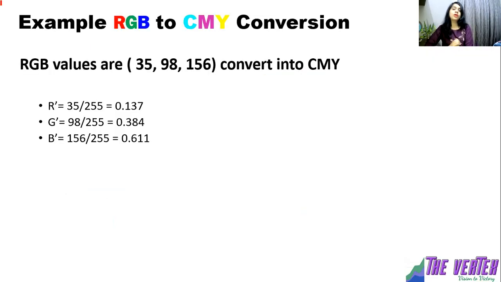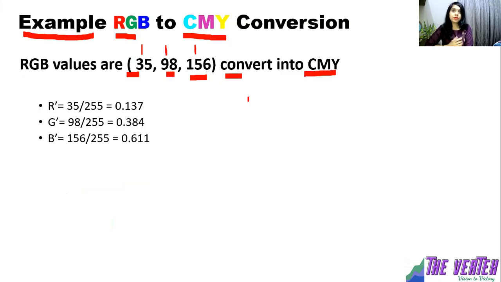So I will show you one of the examples. So what is the example? How to convert RGB into CMY. For example, it is given RGB values of 35, 98 and 156. What is the meaning? This is the red, this is the green and this is the blue value. And we have to convert it into CMY.